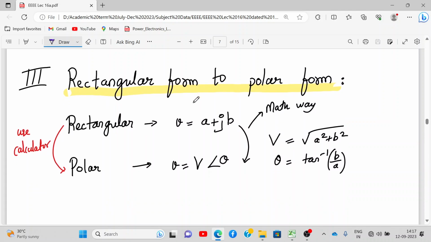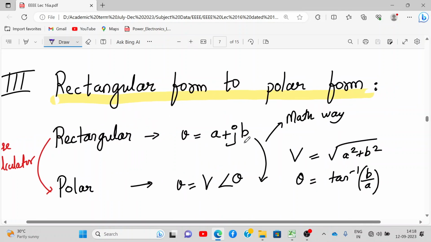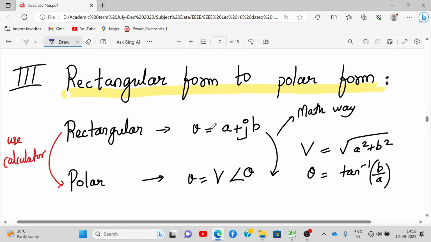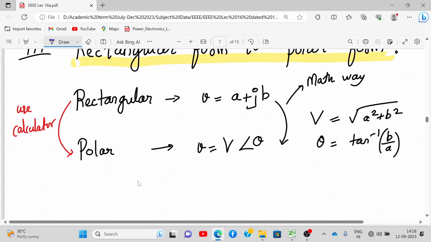Now actually this we have done already. Next is rectangular to polar. Those who were not present yesterday, you can write it down. If you want to convert rectangular to polar, you use the calculator. Let me expand it more. Now it is more clear. So rectangular form is A plus jB or A plus iB, and polar form is V equal to capital V angle theta. So if you want to convert rectangular to polar, what do you do in the calculator?